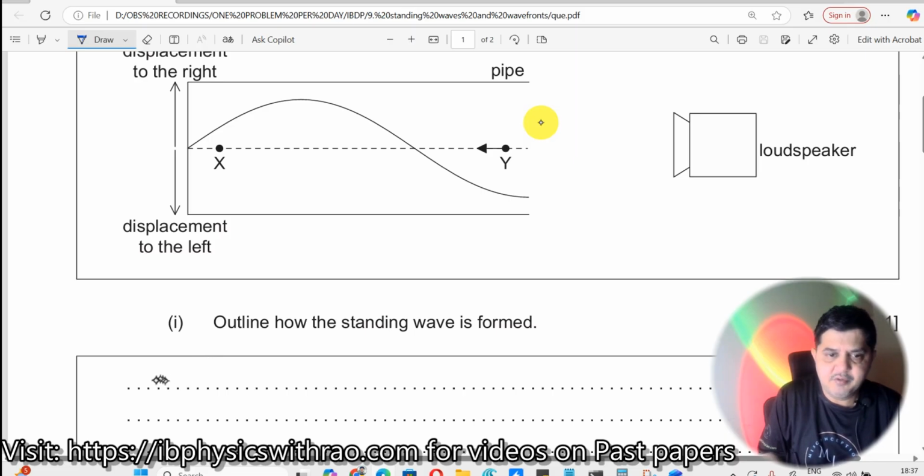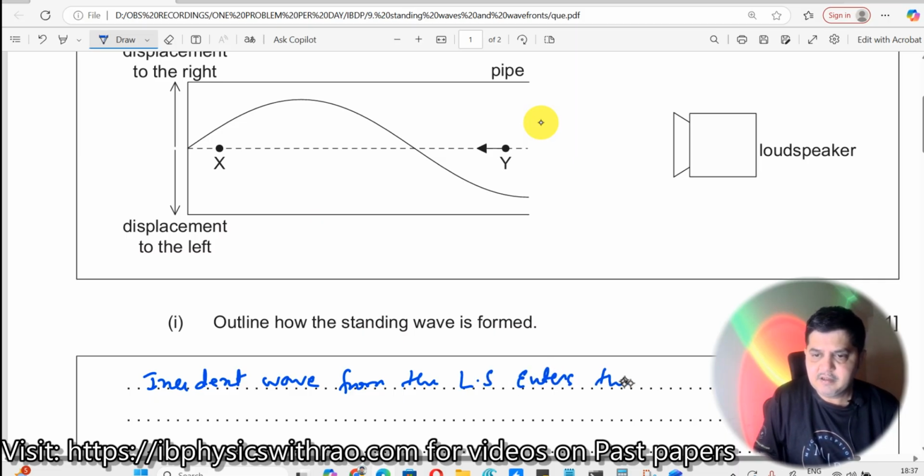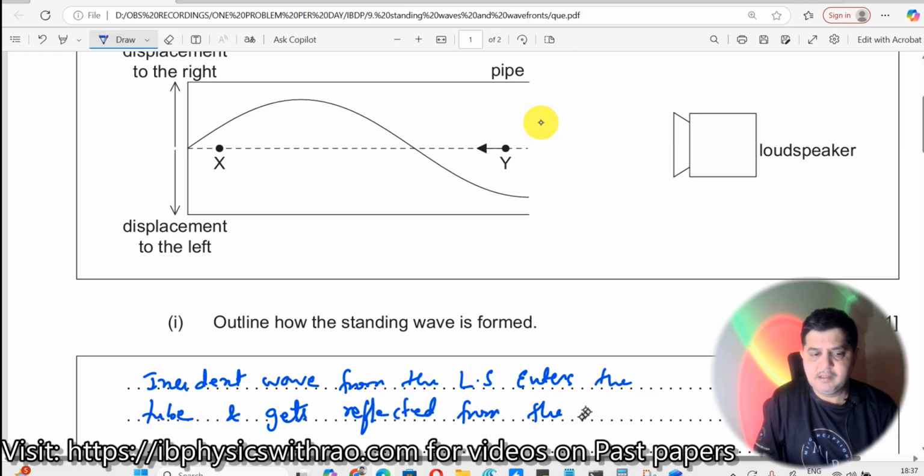So what you should do is that the incident wave from the loudspeaker enters the tube and gets reflected from the walls.